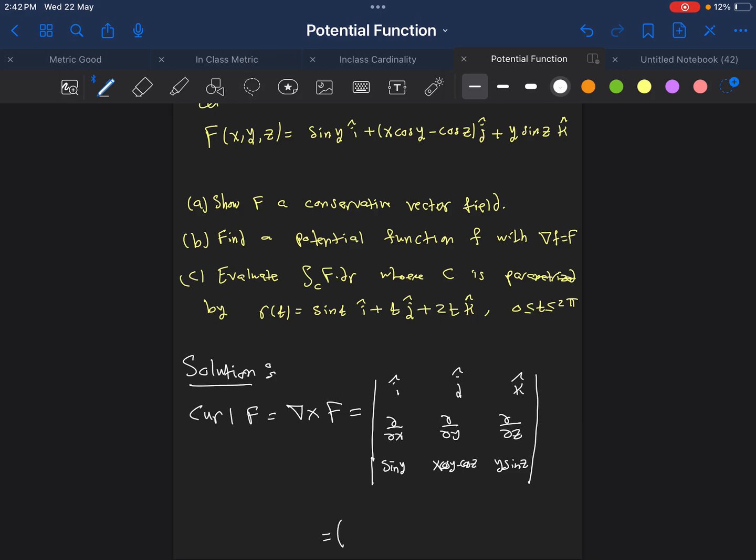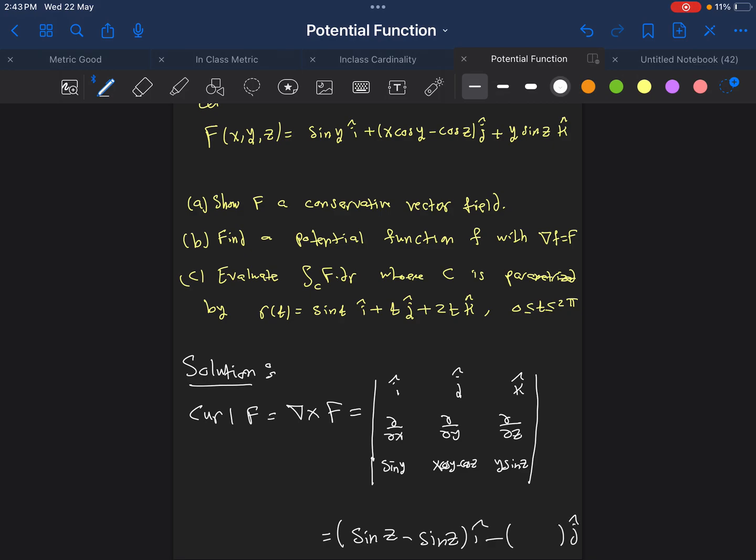And we find the curl here. In order to find the i component, I have to do this derivative. This is sine z, so I'll just write sine z minus the component of this one, again it will be sine z i. So this is 0.